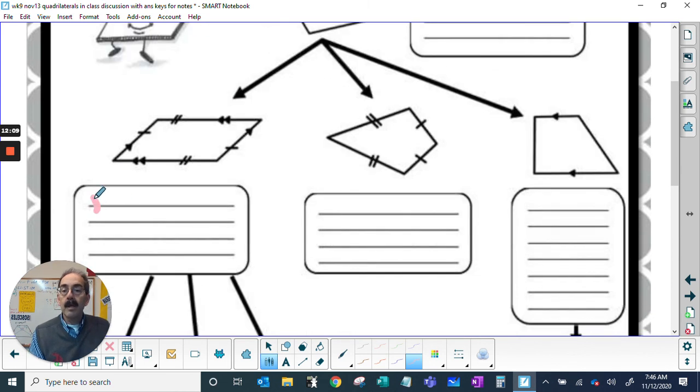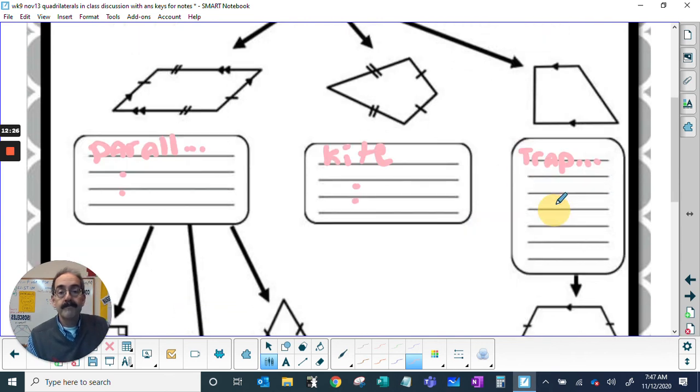Okay, parallelogram. The kite. Once you name it, say a couple things about it. This one, the trapezoid, not isosceles, not equal on both sides.